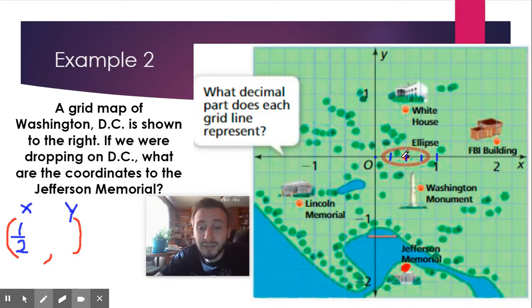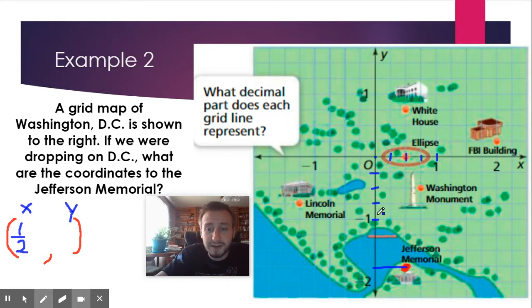And then we need to figure out the y value, which means I go from this point all the way down here to the Jefferson Memorial. Well, let's figure out where it is on the y-axis. It's right about there. Well, if 0 and 1 are right here, and -1, there's a space, a space, a space.